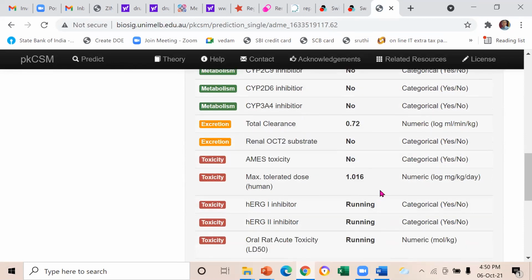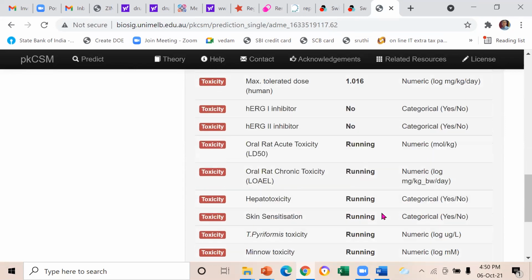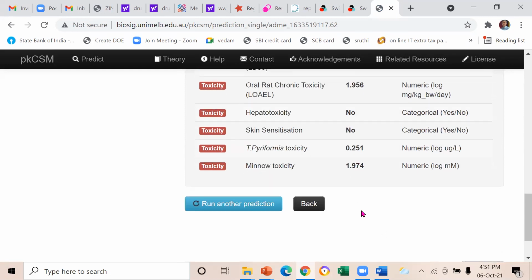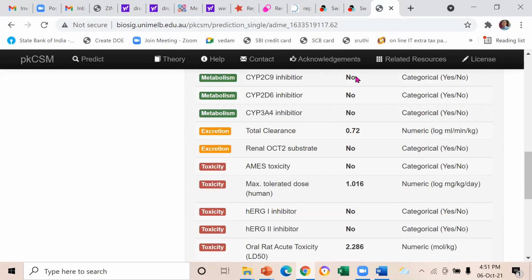Then it gives you a lot of toxicity related information. Okay, so it's giving toxicity.